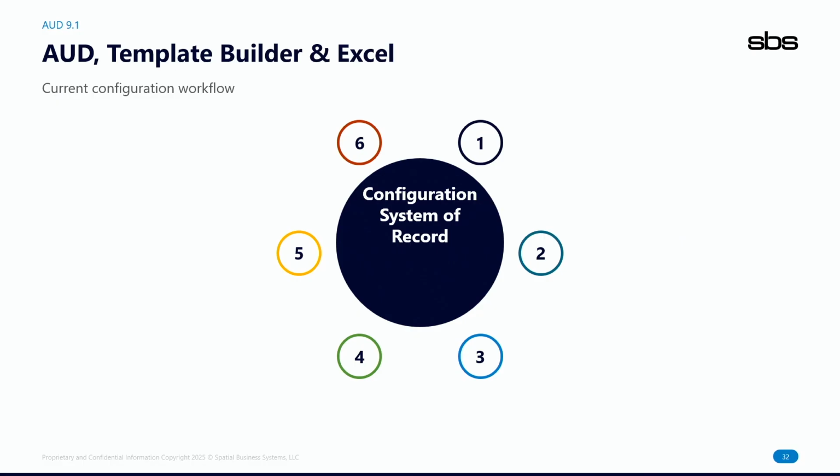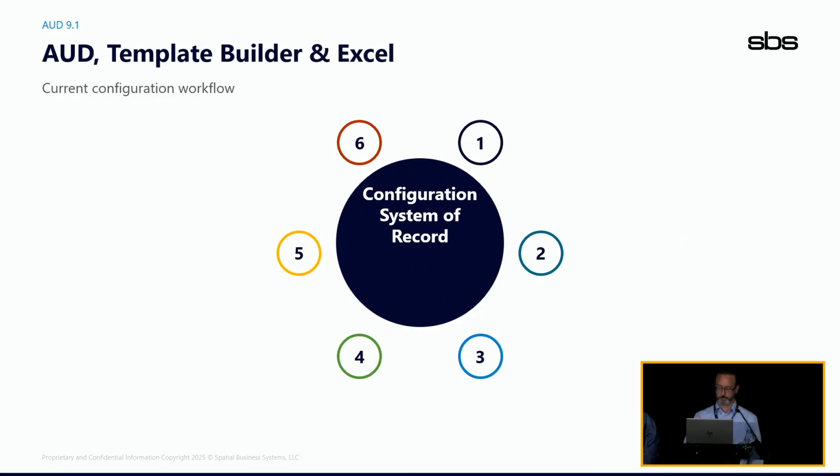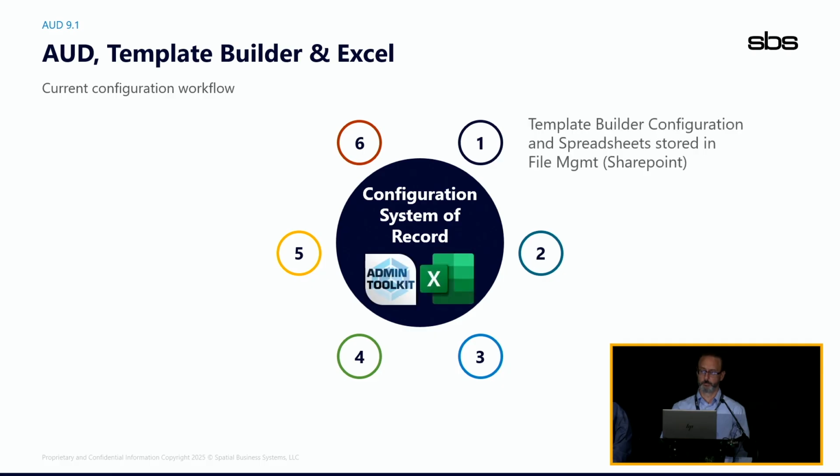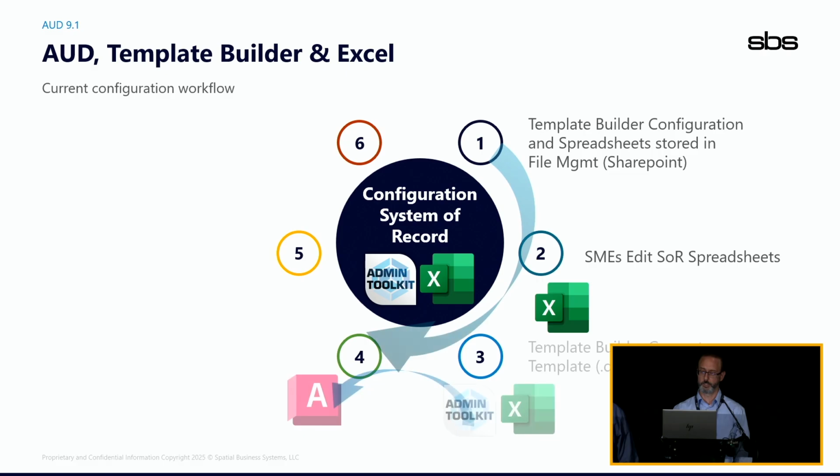So I just want to take a moment to look at the workflow that we currently have with an Excel and template builder scenario. So you folks are probably very familiar with this process. The template builder configuration and spreadsheets are stored centrally in a file management system. You'll have the subject matter experts work with those spreadsheets to define that.